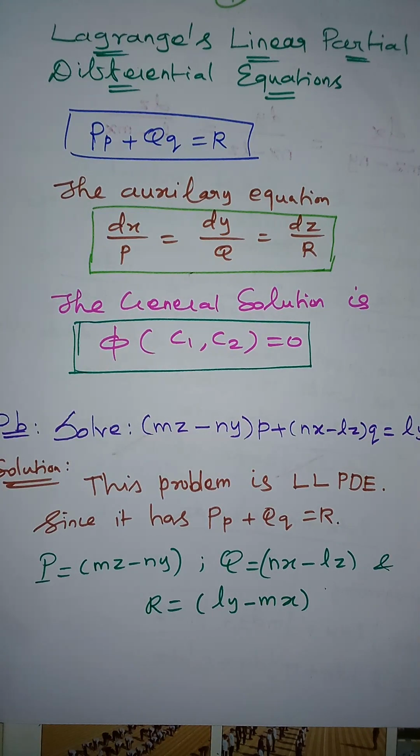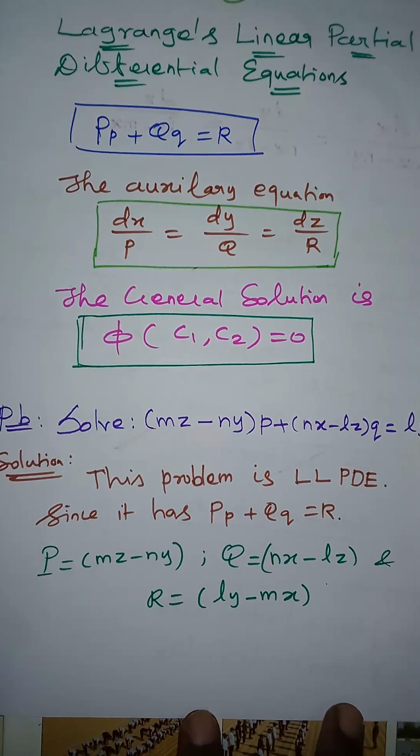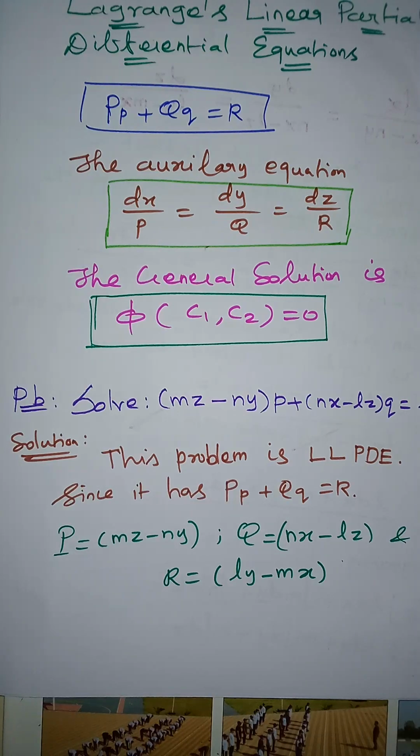This problem is a Lagrange's linear partial differential equation, since it has the structure capital P small p plus capital Q small q equals R. So I can conclude this is Lagrange's linear partial differential equation. Now I am going to choose capital P, capital Q, capital R from the given problem.